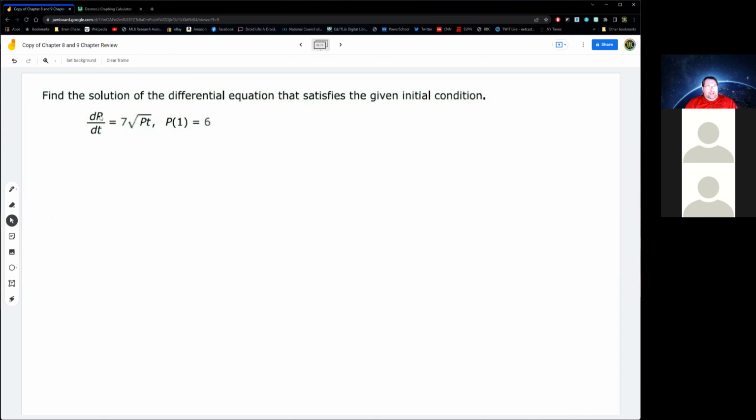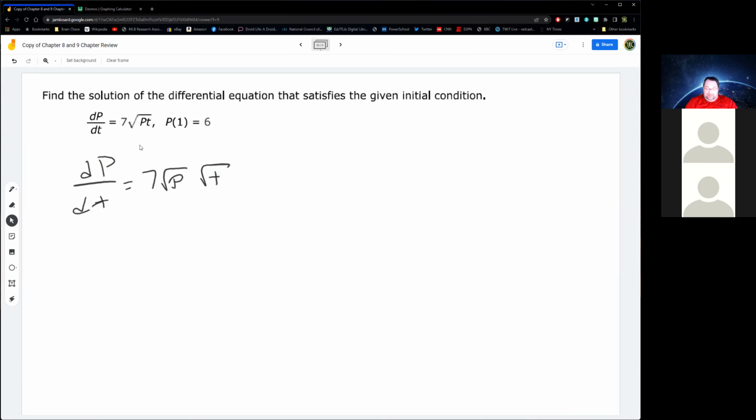All right, so I've got dp/dt equals 7 times the square root of p t. This is one of those that is actually easier to split up than it looks, because I can split this into the square root of p and the square root of t.